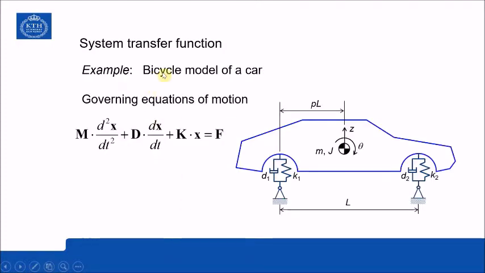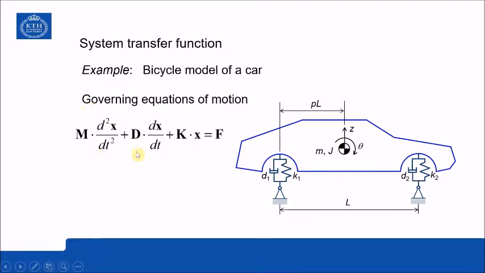For example, let's look at a car, and let us describe the car with a bicycle model that is a 2-degree of freedom system. One of the degrees of freedom is the vertical translation of the center of mass, and the other one is the rotation around the center of gravity.